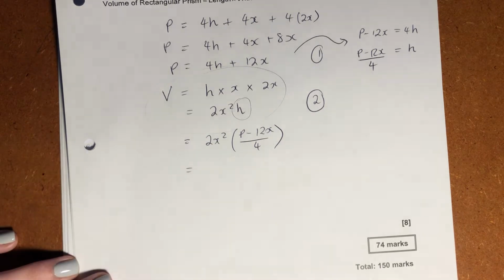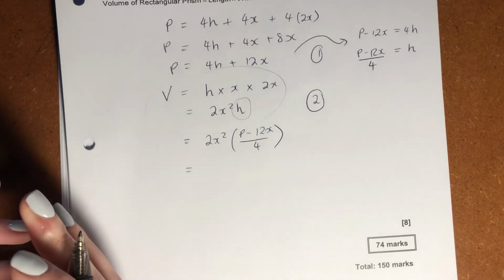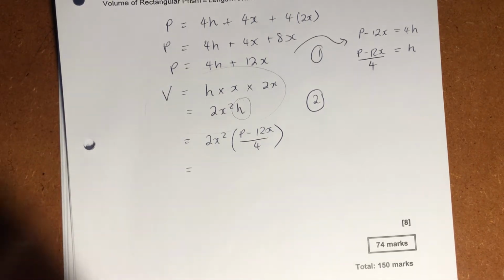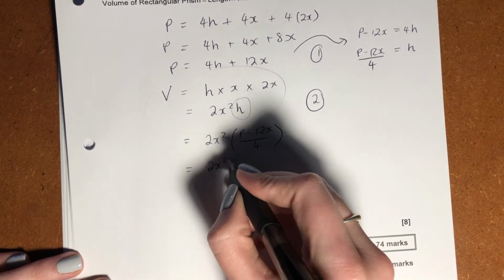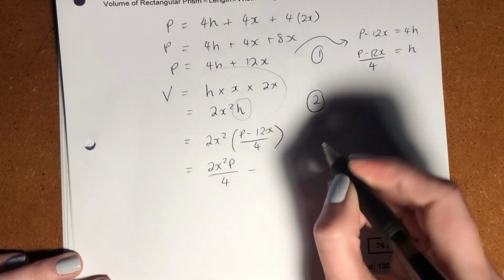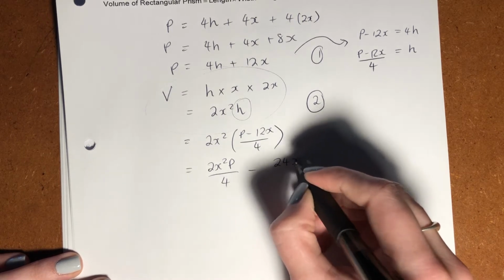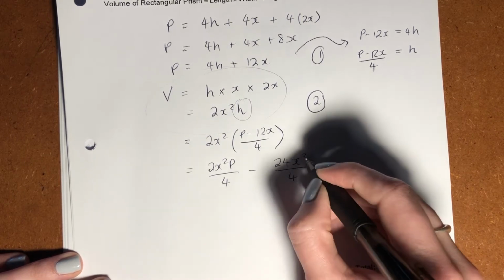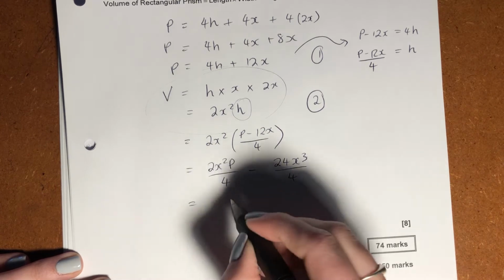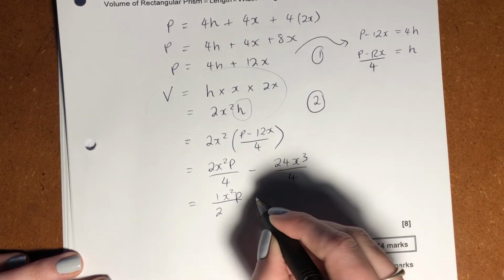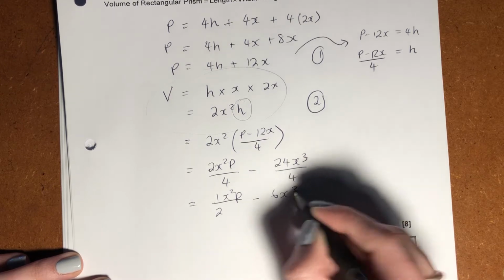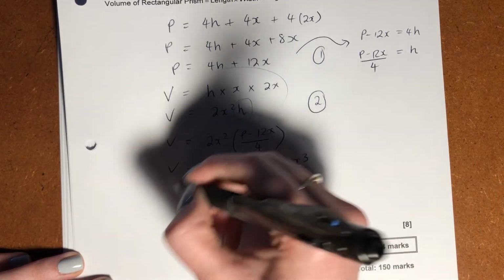Let's just multiply it out, because before we get the derivative, which we need to in order to maximize, we want to get individual terms. So I'm going to get 2x squared p over 4 minus 24x cubed over 4. Simplify that, right, and that's that. So this is all still my volume.